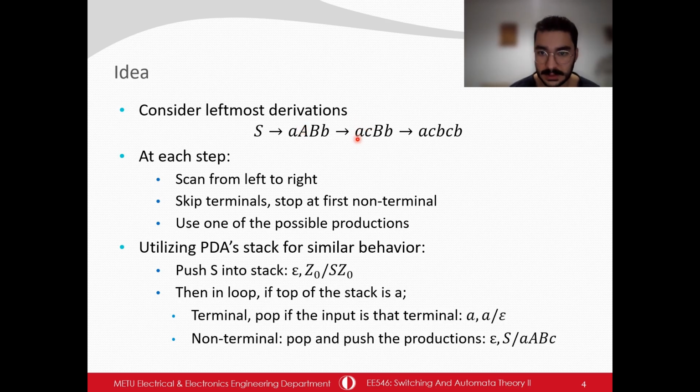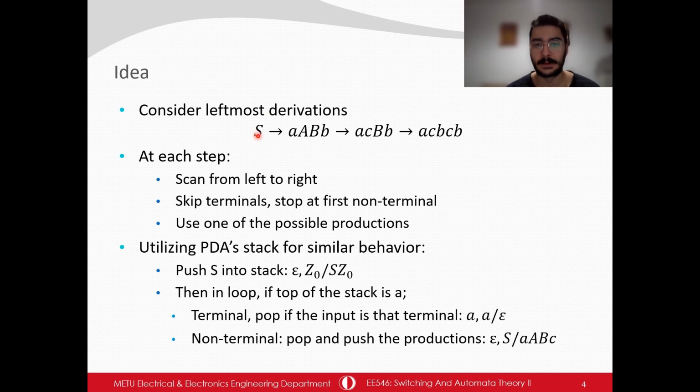Then at the next form, what do we do? We again scan from left to right. We skip if it's a terminal, skip if it's a terminal. We stop at the first non-terminal that we encounter, then use one of its productions, until we have a string with only terminal characters.